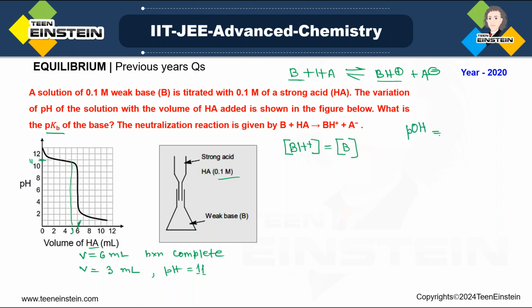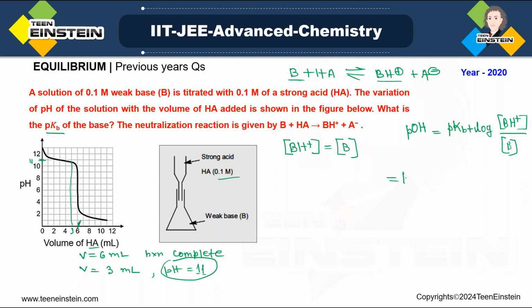For a weak base, pOH is equal to pKb plus log of BH plus over B. So why are we using this equation? Because ultimately you have to find pKb. Now we know at half equivalence point pH is 11.